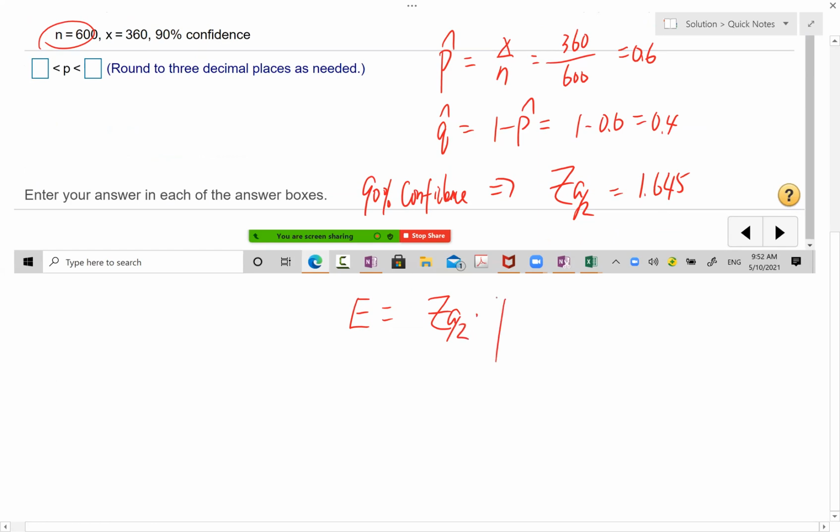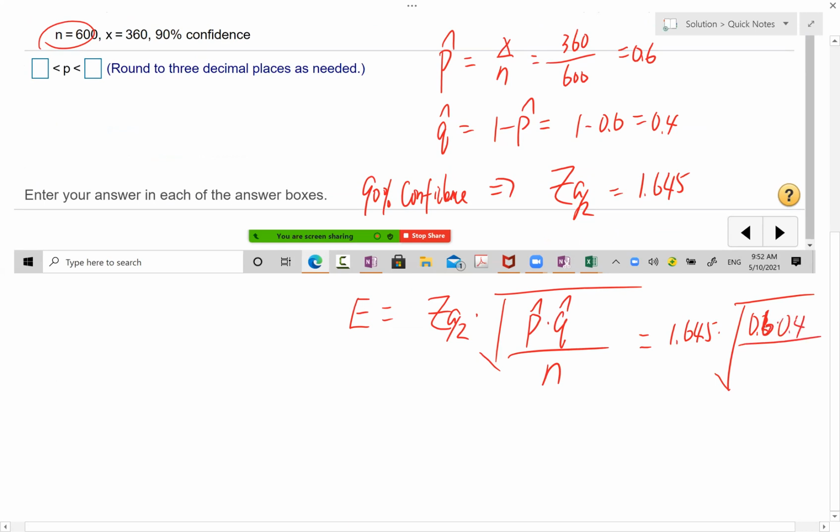Critical z-score times square root of p-hat times q-hat over sample size. Plugging in the numbers: 1.645 times square root of 0.6 times 0.4 over 600. We want to round to 3 decimal places because the answer wanted 3 decimal places.